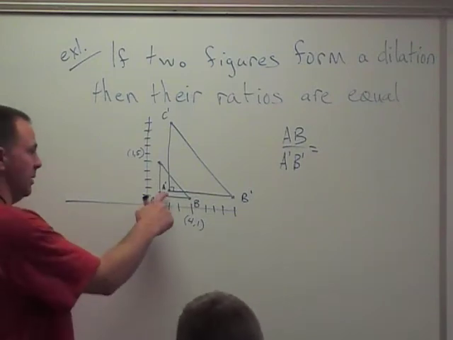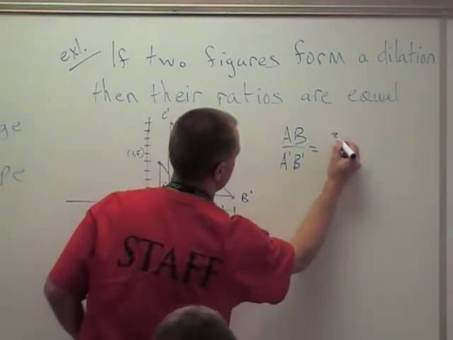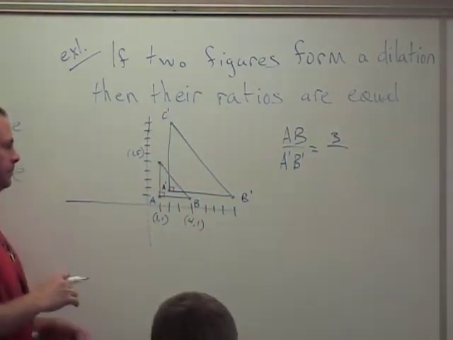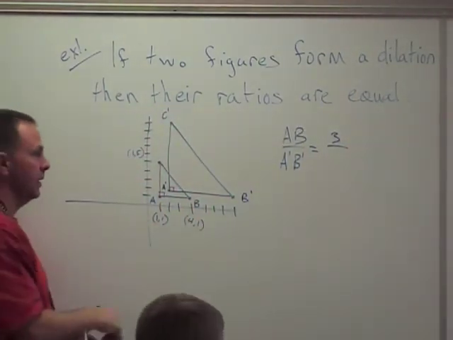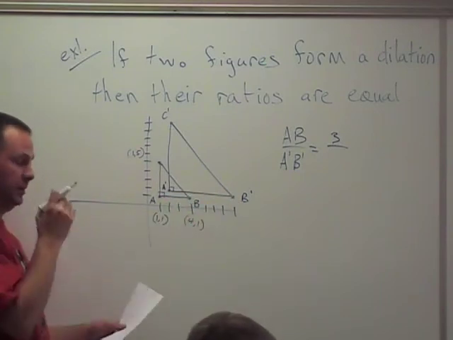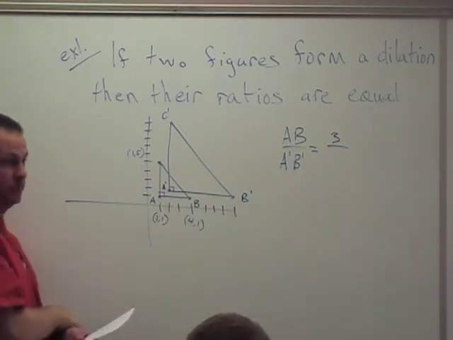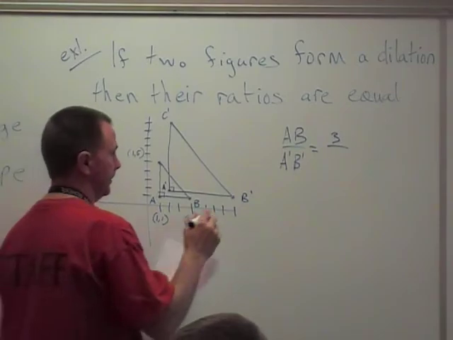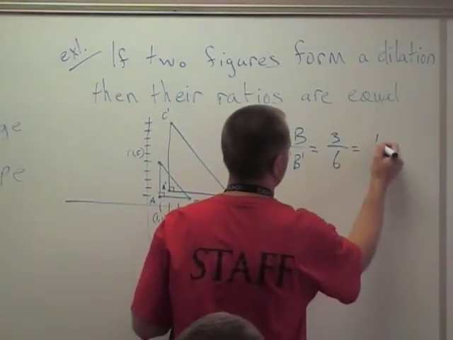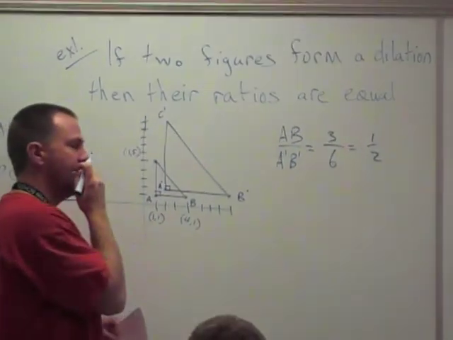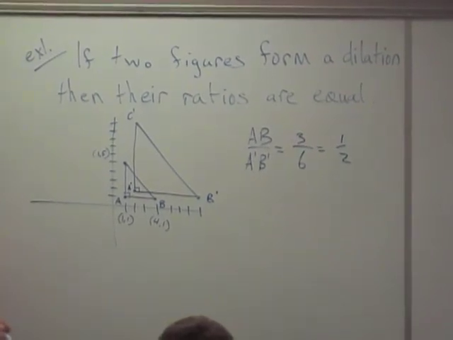Okay. And what's A prime to B prime? What's the distance? 6. Okay. So that ratio is 1/2. So to see if the dilation has occurred, the ratios all have to be the same, right?